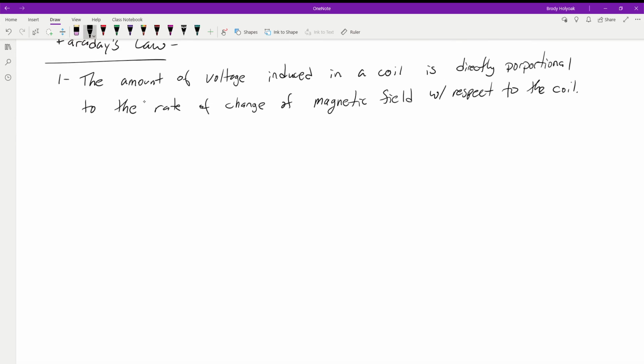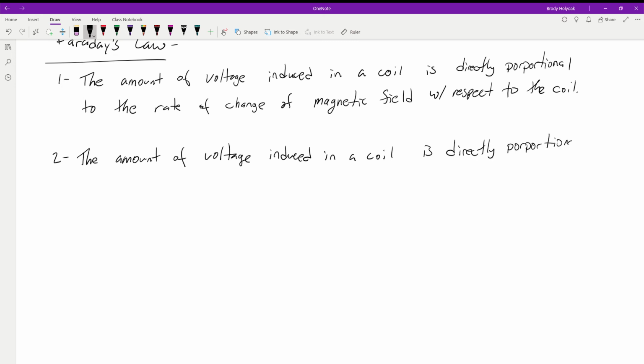The second part of Faraday's law states the amount of voltage induced in a coil is directly proportional to the number of turns in the coil.